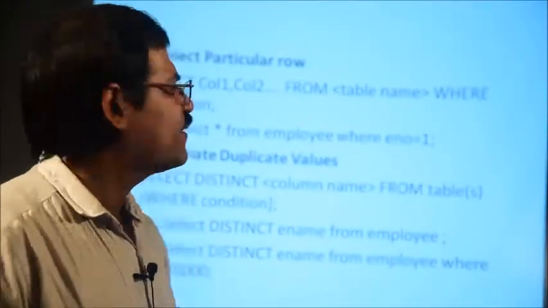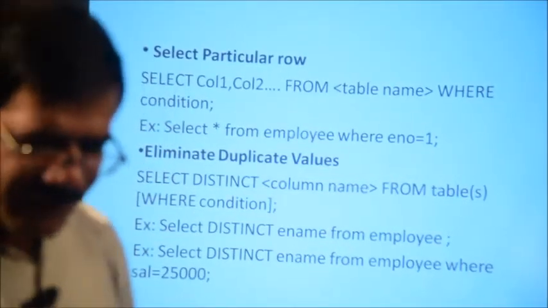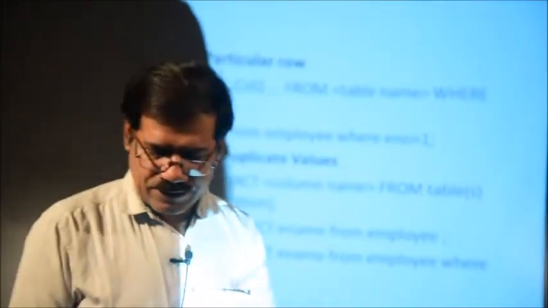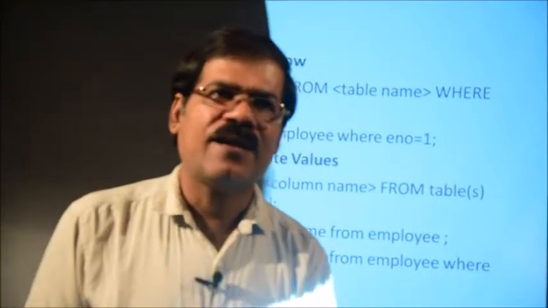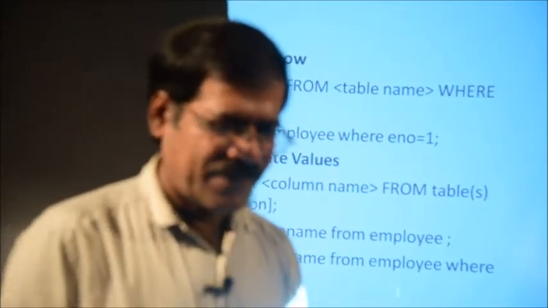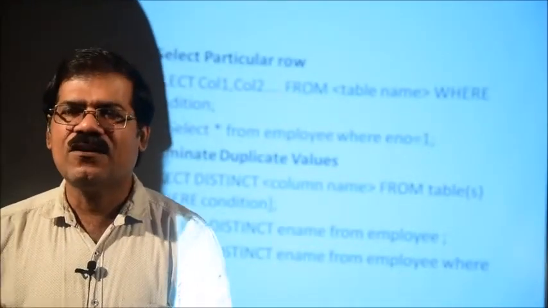The condition can be equal to, greater than or equal to, less than or equal to, greater than, less than, like this. Suppose I say display details of the employee whose salary is greater than 10,000. So what do you write? Select star from employee where salary greater than 10,000. That means those whose salary is greater than 10,000, their record will be selected and displayed on your screen.